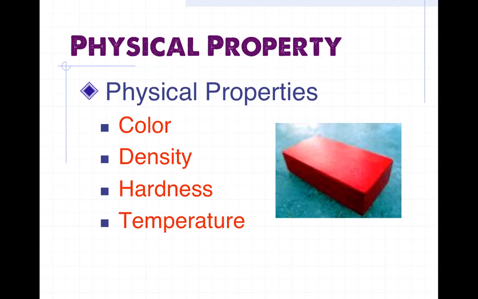Density would be measuring the mass and the volume and then dividing. Hardness is, well, you dent it and then you measure how deep the depression is, but I'm not actually changing it. I'm making a dent, but it's not changing how the atoms work. And temperature, I'm just measuring with the thermometer.